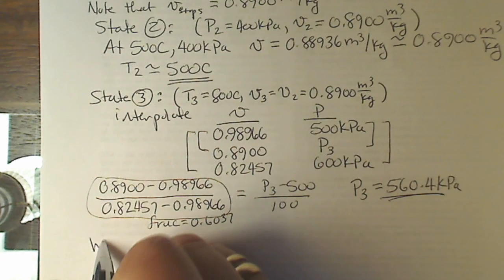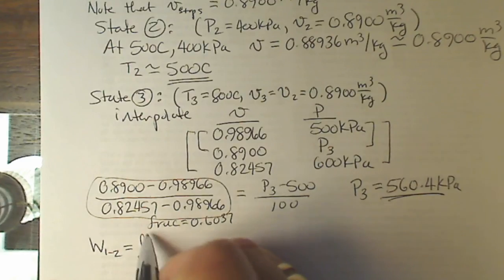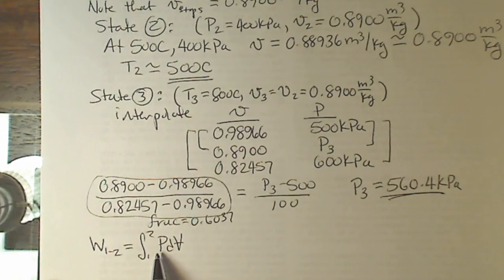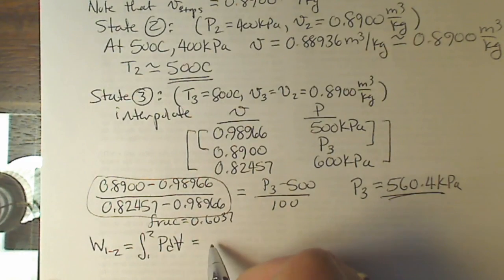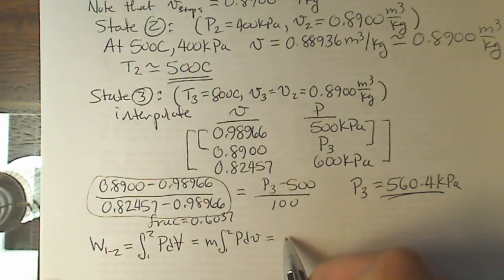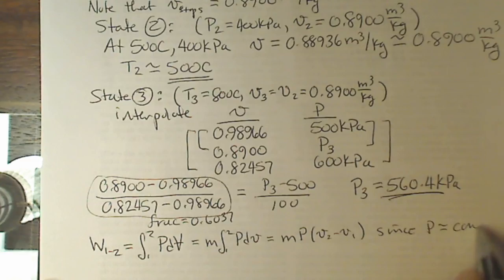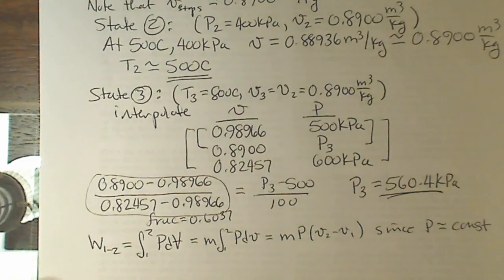So for the work from 1 to 2, it's just going to be the integral of P dV, and we can write that as the mass times the integral of P dV. This is just going to turn out to be, because the pressure is constant, and we recognize this result, it's a constant pressure process, we can calculate it exactly this way.